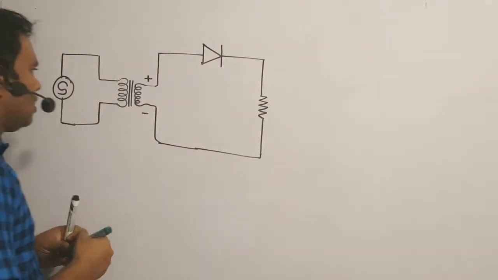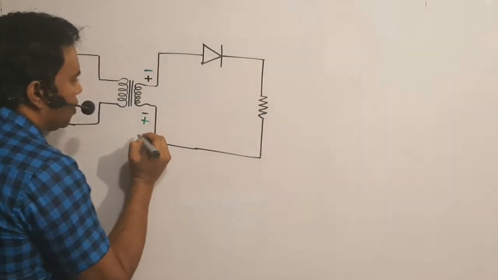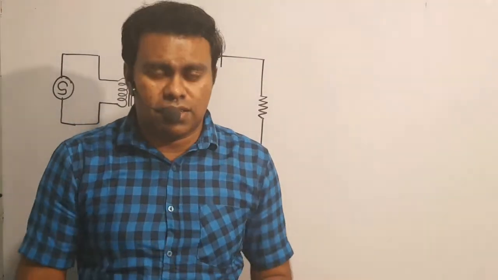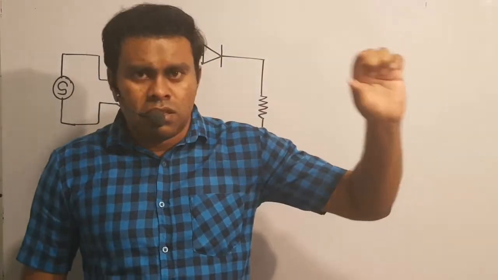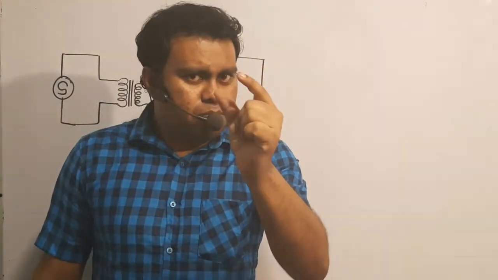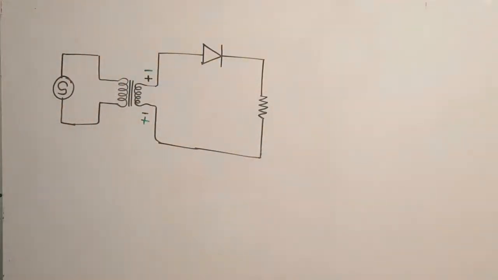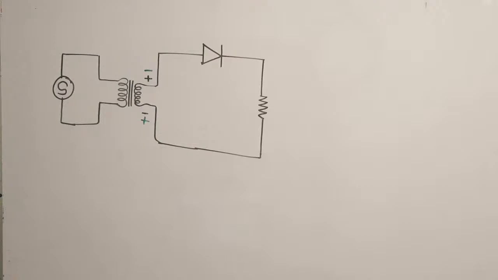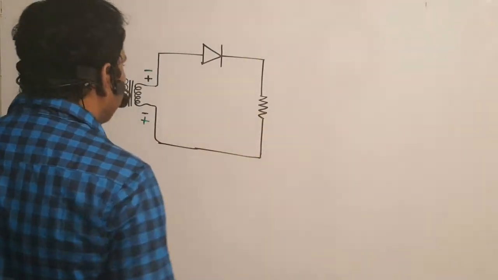In the next cycle this becomes negative and the other side becomes positive. The polarity එක මාරු වෙනවා පුතා. Alternatively it changes. Therefore, frequency of this domestic electric supply is 60 hertz or 50 hertz. නැත්තම් 50 වතාවක් වෙනස් වෙනවා. That's 50 to 60. Okay, good.